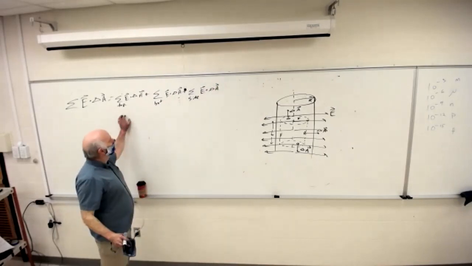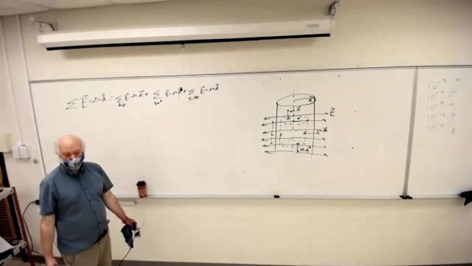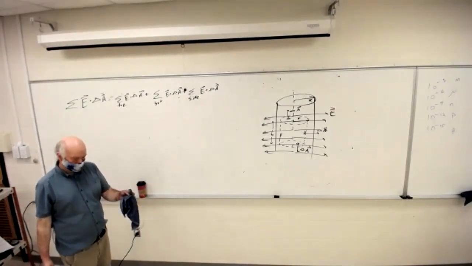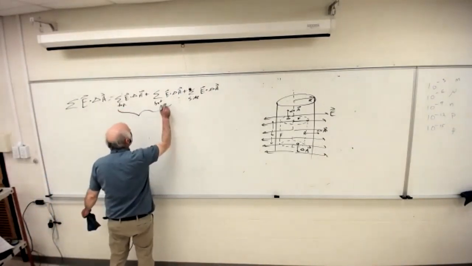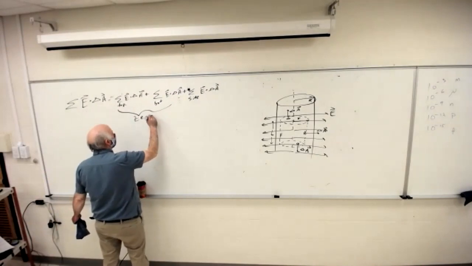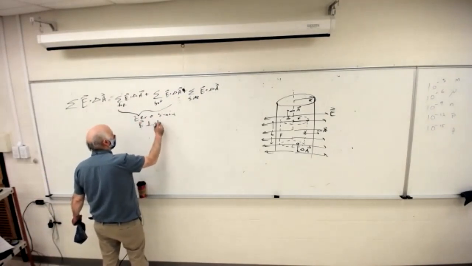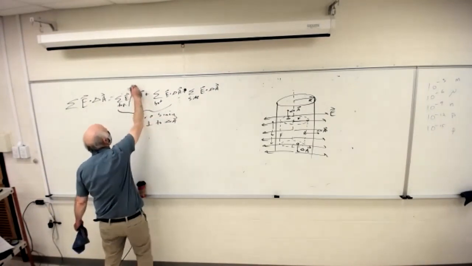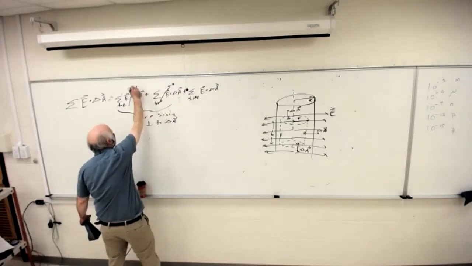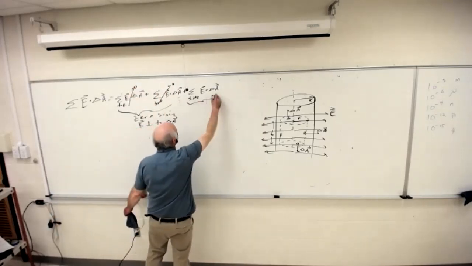What do you know about the top and the bottom? They're zero, since E is perpendicular to delta A. This is zero and this is zero. They don't cancel each other out; they're individually zero. What does this go to?